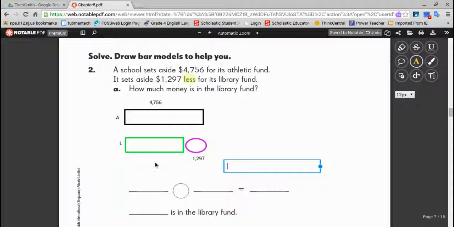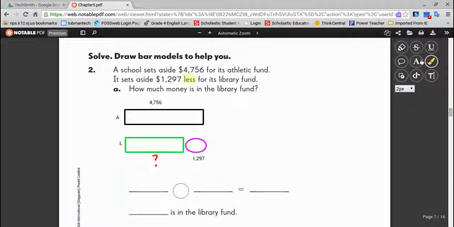Okay, so if I want to figure out how much is in my library fund, I'm going to put a little question mark right over here. In order for me to figure out how much is my library fund, if I know my athletic fund and I know how much less it is, I'm going to have to take that away because, again, this is a difference problem. I'm trying to find the difference.